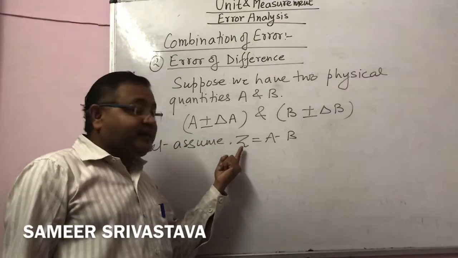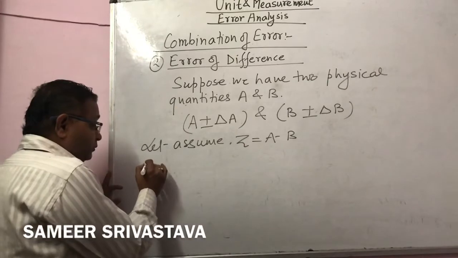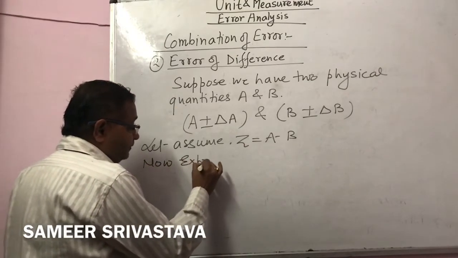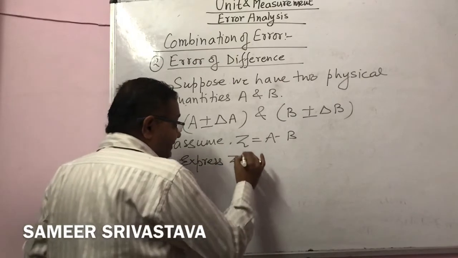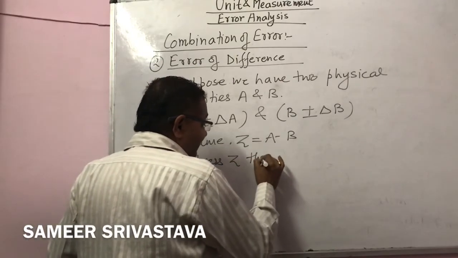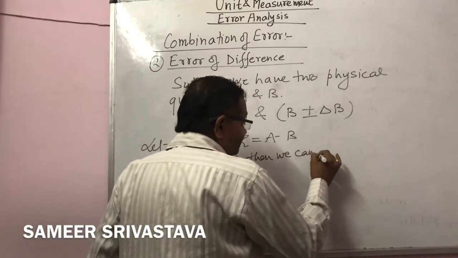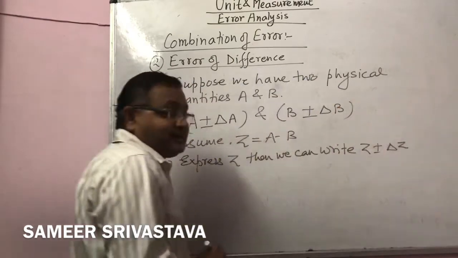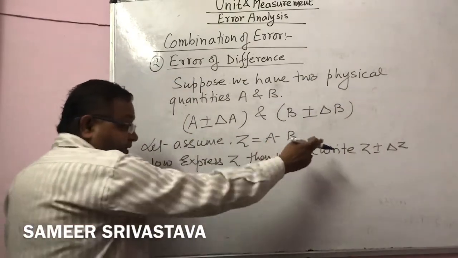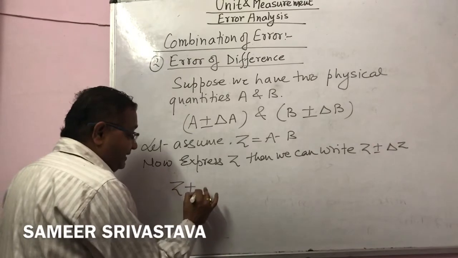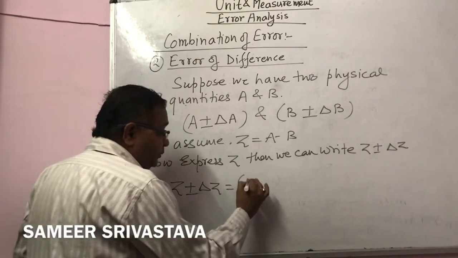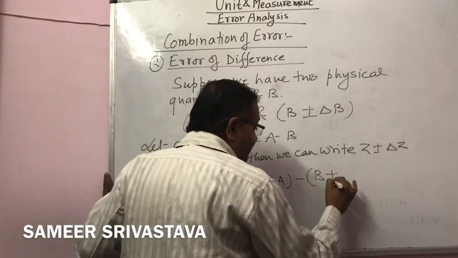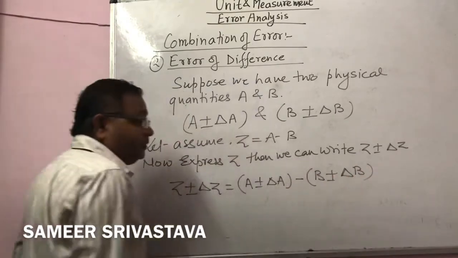Now if we express Z in its error form, then we can write Z plus minus delta Z. Now if we express this equation in terms of error, we can write Z plus minus delta Z equal to A plus minus delta A minus B plus minus delta B. Okay.